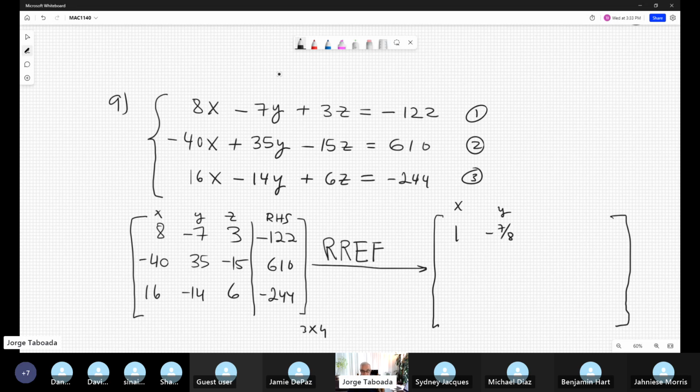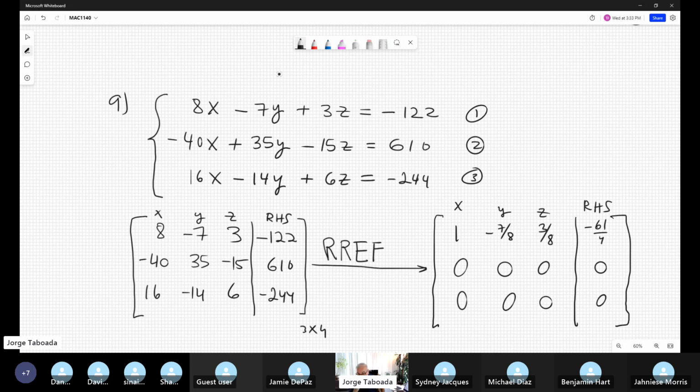Wow, Z is 3 over 8. And the right hand side in the first equation is minus 61 over 4. And amazing, look at what happened in the other equations: 0, 0, 0, 0, 0, 0, 0, and 0. Wow. What is the interpretation of that?